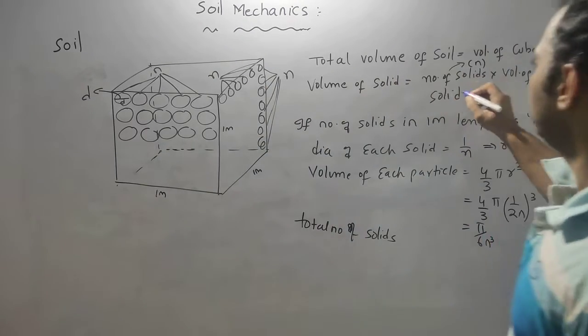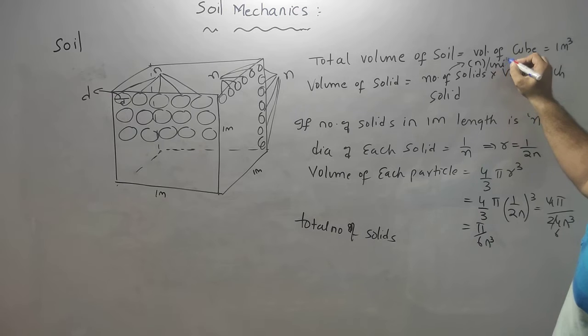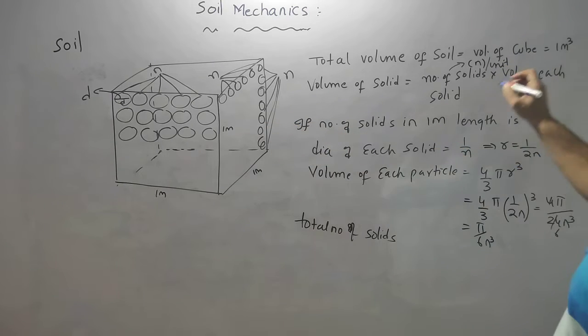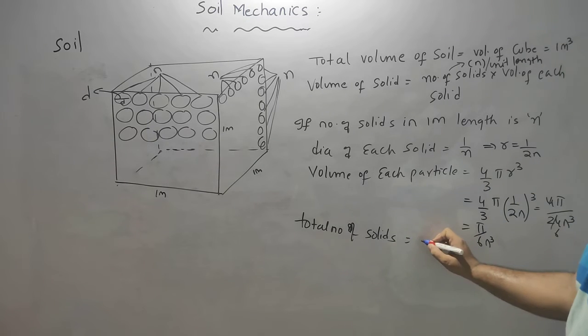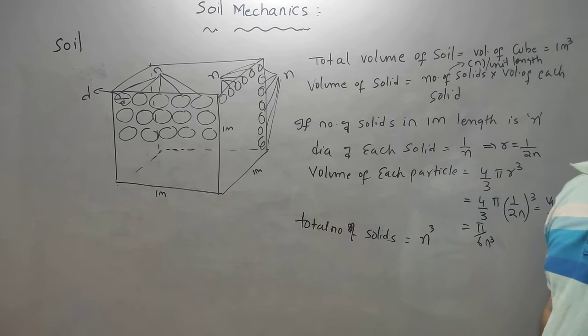Here I will write n per unit length, because I am taking it like this only. So the total number of solids is equal to n into n into n, that is n³.